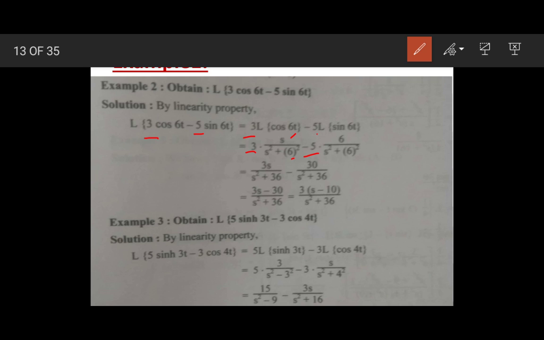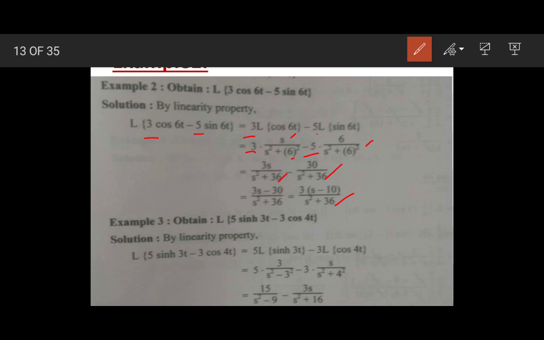We know that Laplace of sin at is a upon s square plus a square, so it will be 6 upon s square plus 6 square. So 3s upon s square plus 36 minus 30 upon s square plus 36. So we'll solve this. So it will be 3s minus 30 upon s square plus 36.